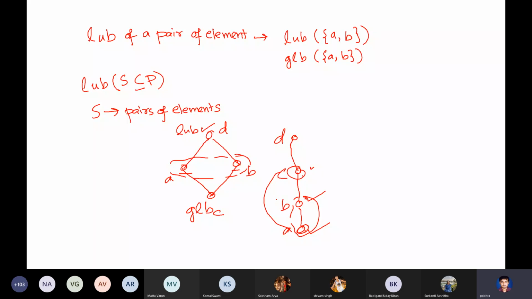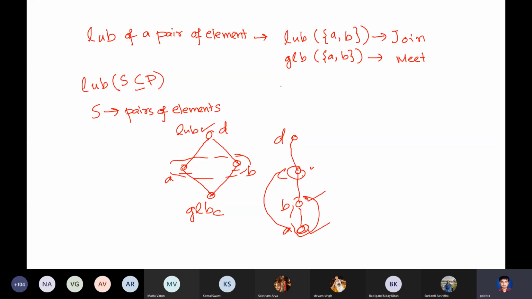In fact, the least upper bound and the greatest lower bound for a pair of elements, I give them a name. I call them a join and a meet. Maybe I'm confusing this. I'll check the slides. I often confuse these two. So I call the least upper bound of a pair of elements a join.